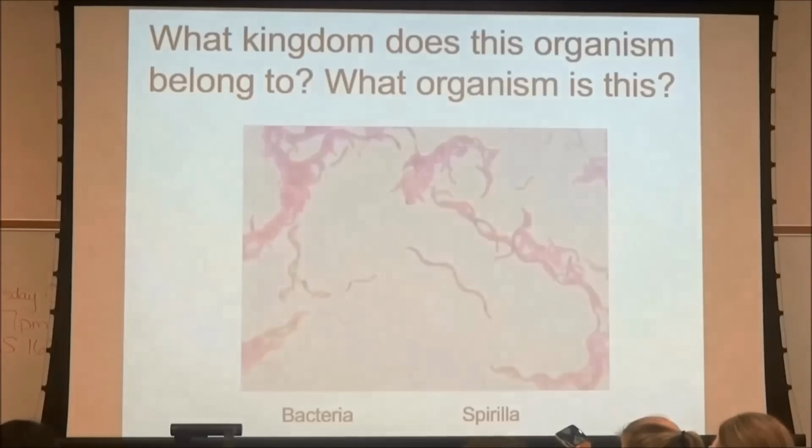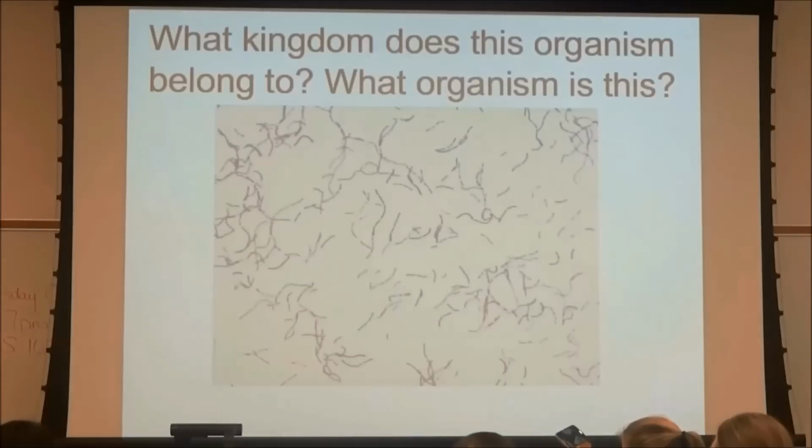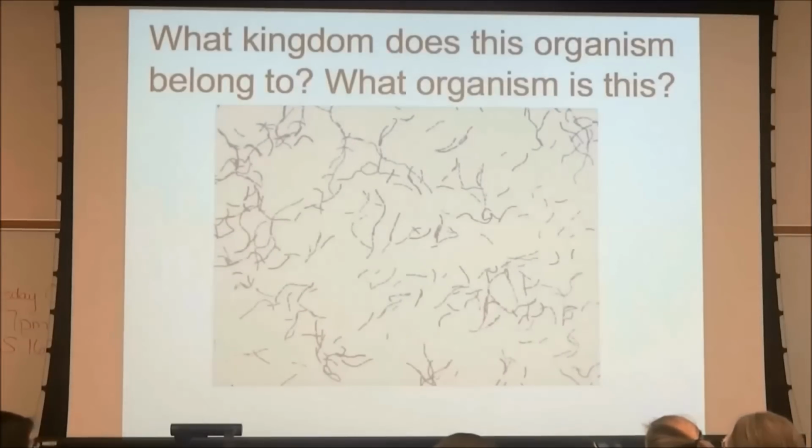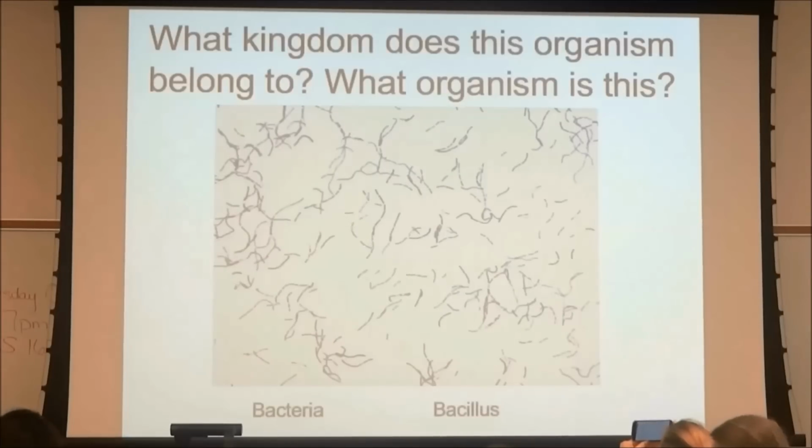You okay if I switch, guys? Okay. What is this? It's a bacteria. Which one? Rod. And what's the technical name for rod? Bacillus. Good. Now, how did you know it was bacillus? It's rectangular shape.